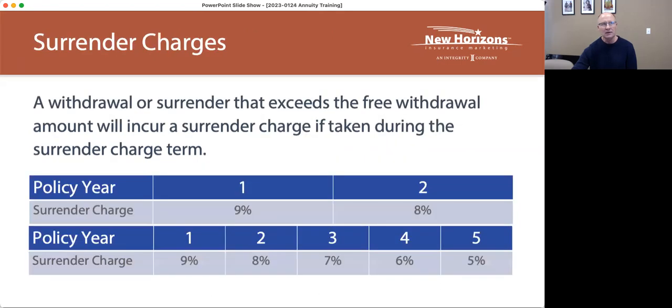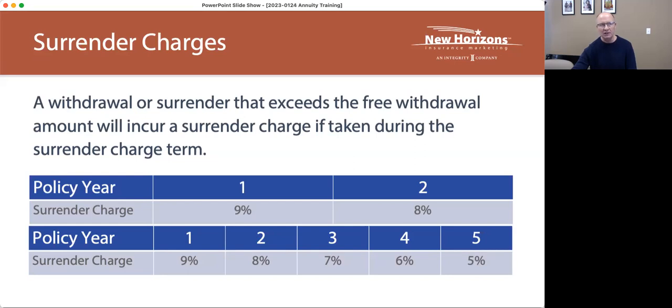Okay. Another term that you're going to hear when we mention annuities, generally speaking, is surrender charges. There are some annuities that are going to have some penalty-free withdrawals. Some annuities do not. If I enter into a contract with an insurance carrier that has an annuity, and it is a contract, if I quit that contract, there's going to be a penalty.